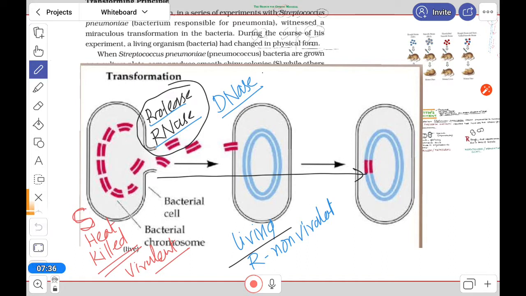But when he used DNase, the process stopped. It indicates that when protease and RNase are used, no problem arises. That means protein and RNA are not transferred there. But when DNase is used, it interferes, which means that only DNA is passed here. So here we get that the genetic material is DNA.